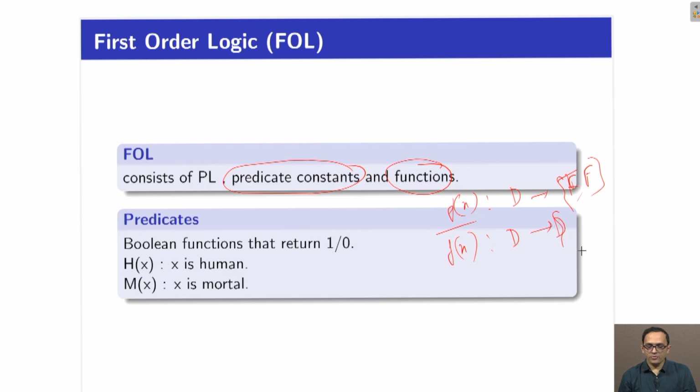So, a function maps an element of a domain to another domain, and a predicate is effectively from any domain to true and false. It is a kind of Boolean function.